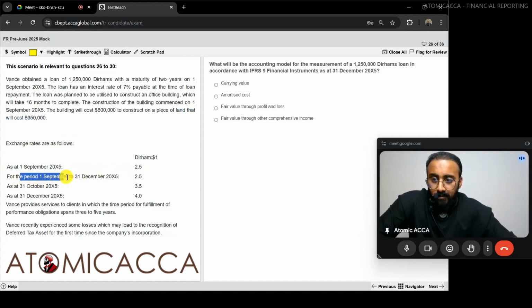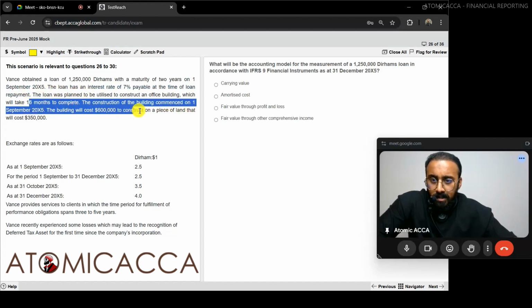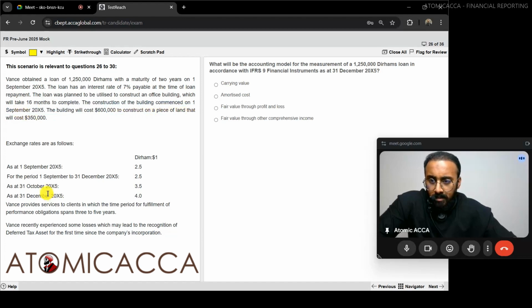Then for the period from 1st September to 31st December, this much. What is happening on 31st October 20x5? For September it is over here, 16 months, building for September. As at 31st December x5, that is the year ending.